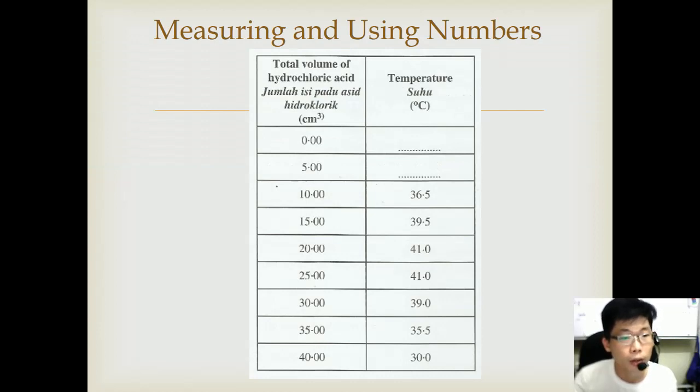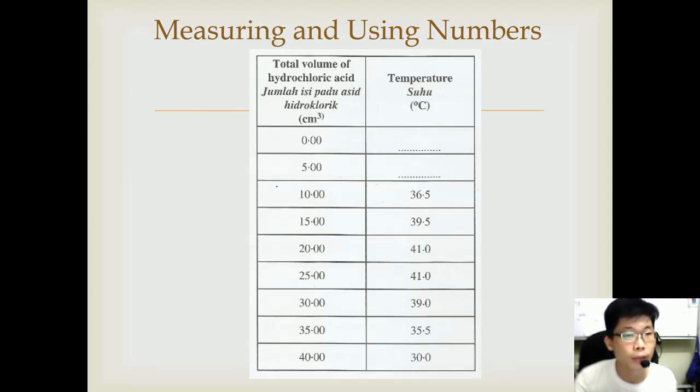Okay. So just now we have mentioned that the student needs to record the temperature in the table given. So the total volume of hydrochloric acid added, okay, until 40.